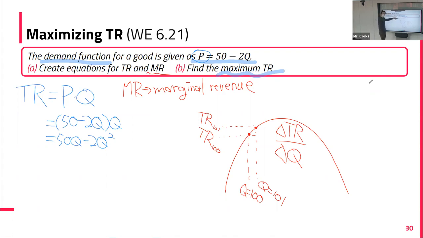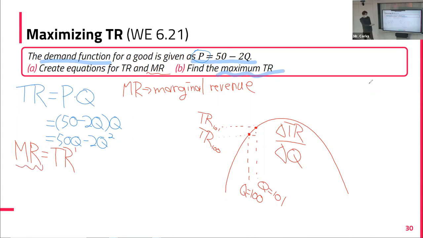Do we have a way of creating a function that tells us the slopes of some original function? Derivative. So the really key thing here, marginal revenue is equal to the derivative of the total revenue. Again, the practical definition of what a marginal whatever is perfectly matches our definition of what a derivative is.